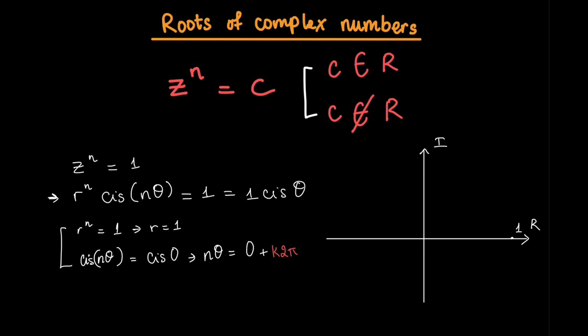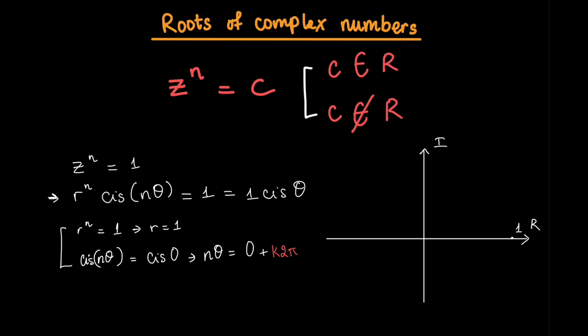Next step is to convert both sides into polar form. We're going to assume the polar form of z is equal to r cis theta, with r being the modulus and theta being the argument. Applying De Moivre's theorem, we have r to the power of n times cis of n times theta being equal to 1.